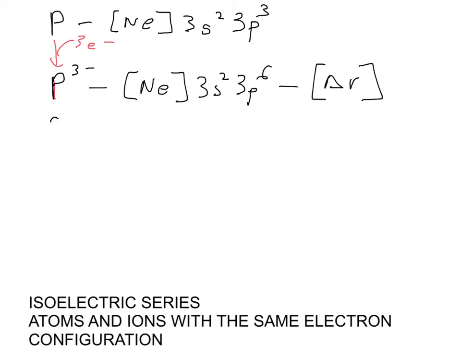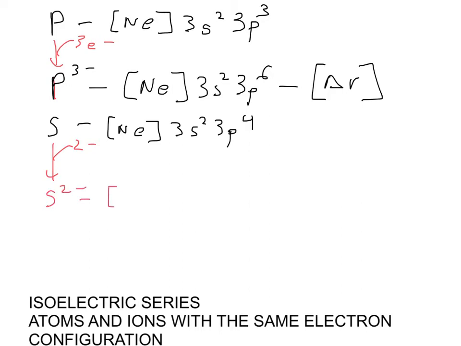Let's take a look at sulfur. Sulfur has an electron configuration of neon 3s2 3p4. If I add 2 electrons to make it into the sulfide ion, it has an electron configuration of neon 3s2 3p6.